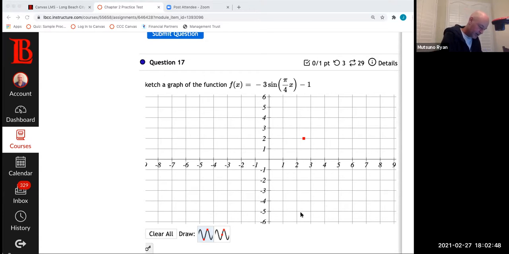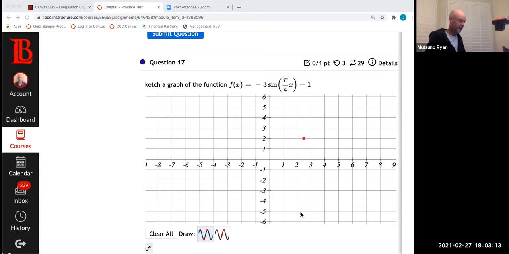Then I go up here at 6. I'm going to be up to here. And then I'm back down to the line here. So there's my sine wave. There you have it.